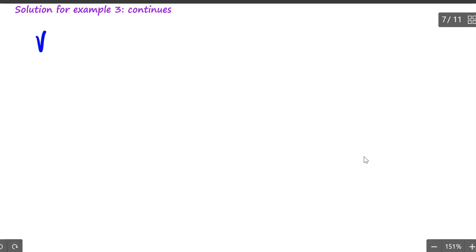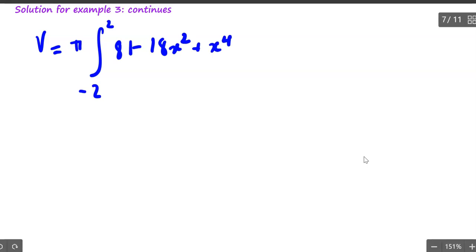So volume equals pi integral from -2 to 2 of 81 subtract 18x squared plus x to the exponent 4. Let's fix this minus sign. Here it is. I'm going to go step by step.